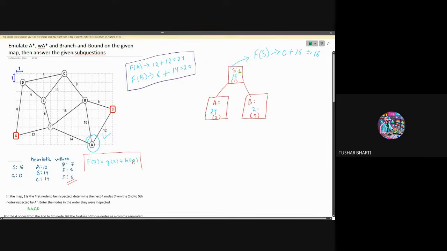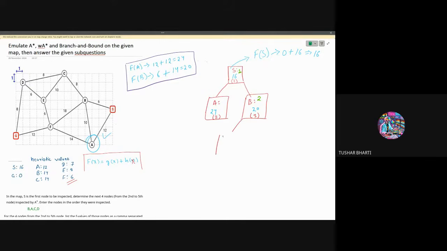Now we will check which node has the minimum cost. So you can easily see that here node B has the minimum cost. So now we will explore the children of B, and before that we will mark this as 2. So S was 1 and B is 2. So now let's start its children over here.